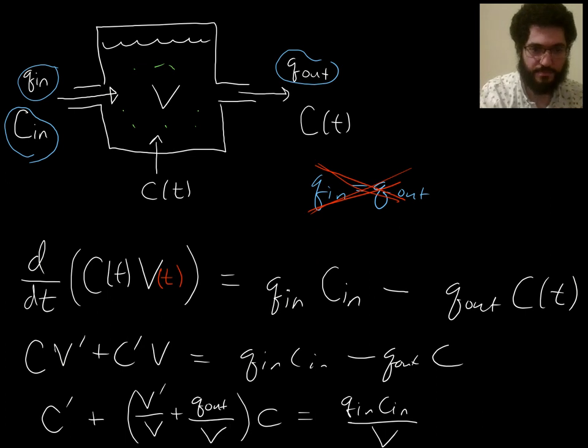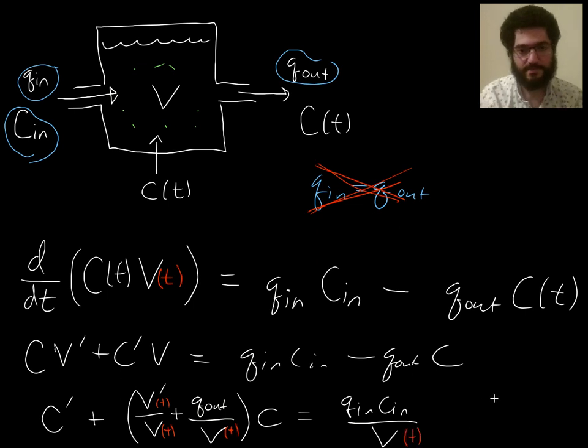Just like that. And you see now we have c prime plus some function of t. This contains t dependence now, here, possibly here, here, times c equals, and then some function of t. This also contains t dependence.